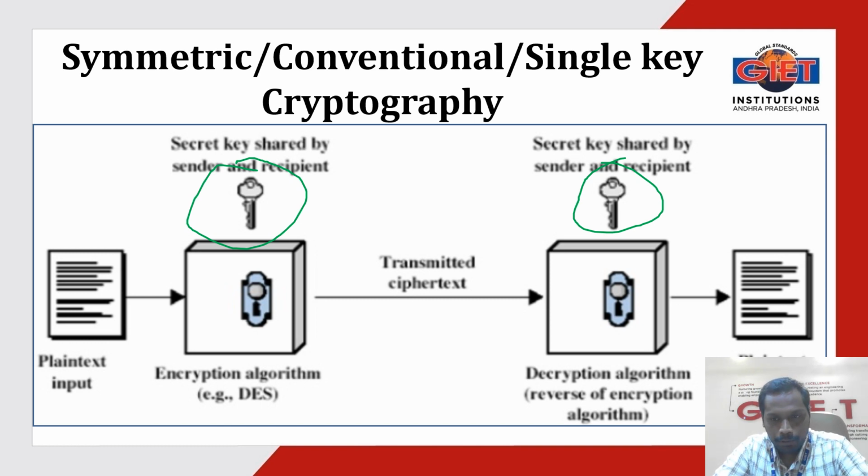Now coming to the process of this symmetric key cryptography, you can see in the diagram that the sender will have a plain text which acts as an input, and then they will use the encryption algorithm, which we referred to in the previous slide as security related transformation. This encryption algorithm is considered as that part.